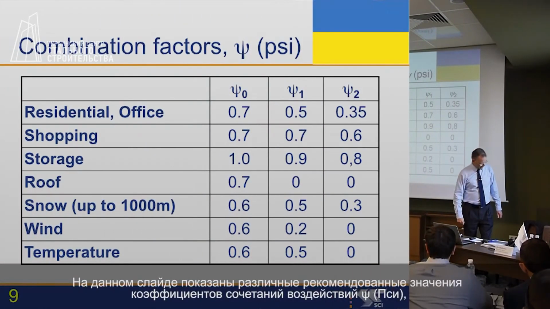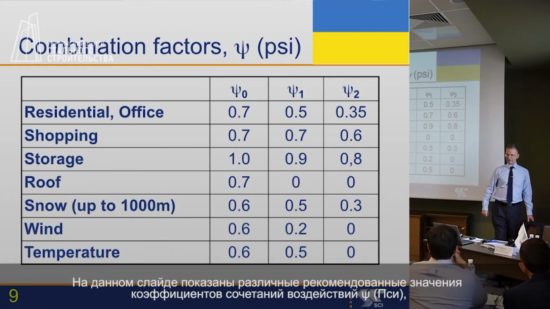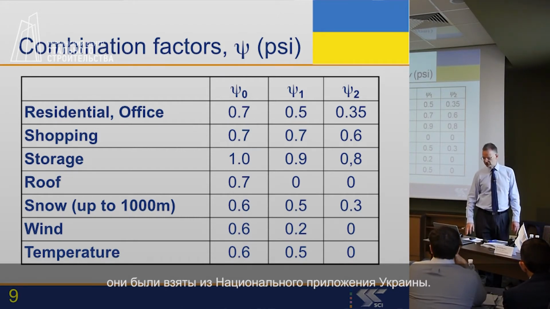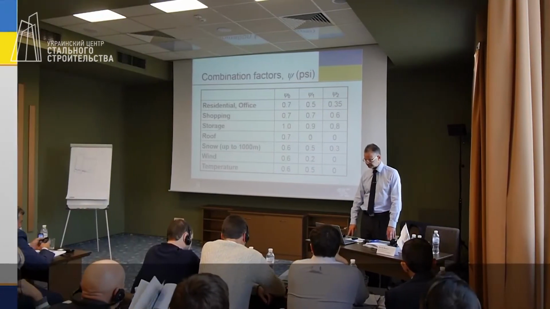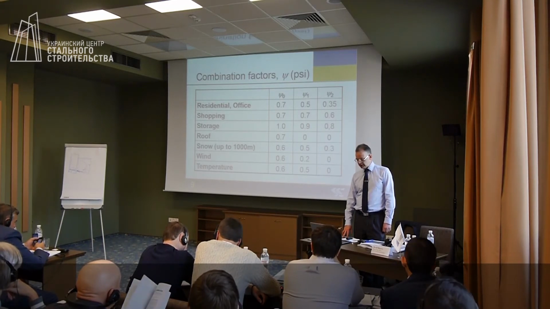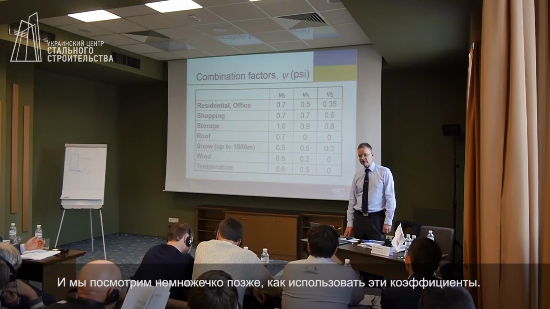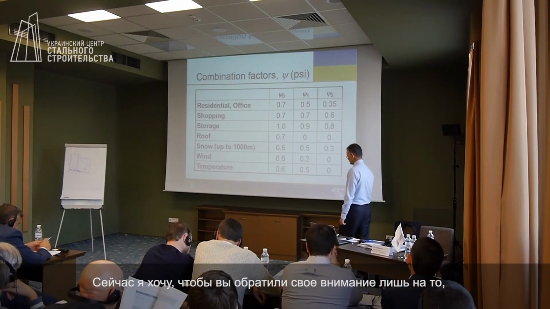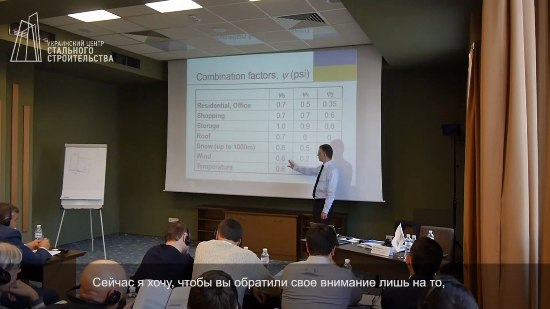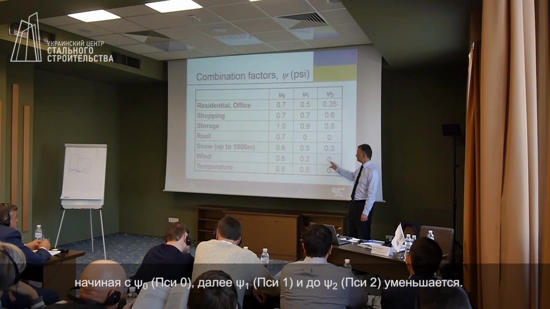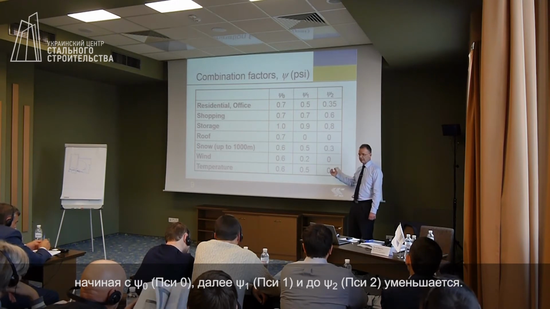So these are the combination values, the psi values, and these have been taken from the Ukraine National Annex. And we will see how to use these a little bit later on. For now, all I would like you to notice is that as you go from psi 0 to psi 1 to psi 2, they get smaller.